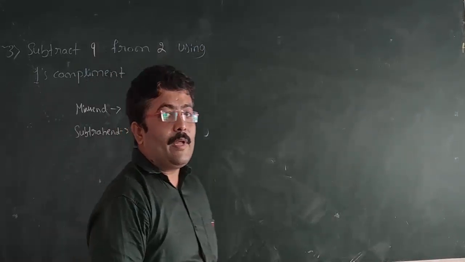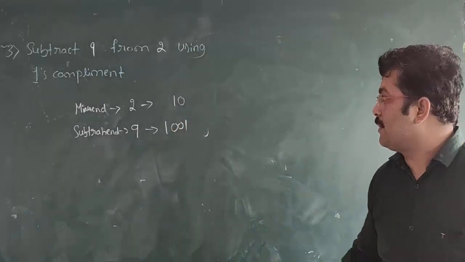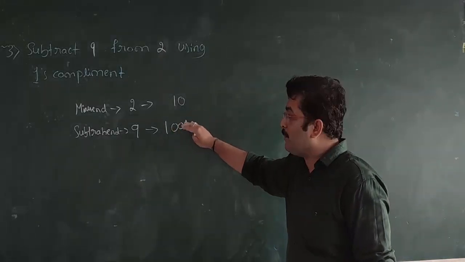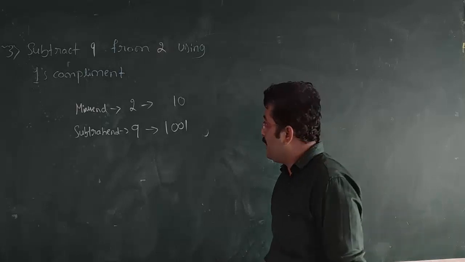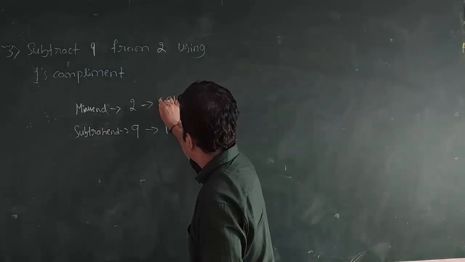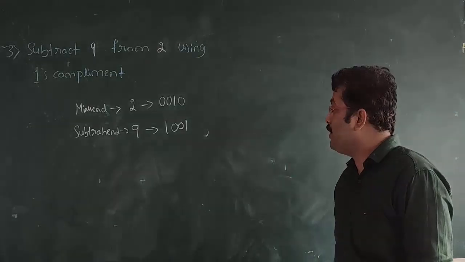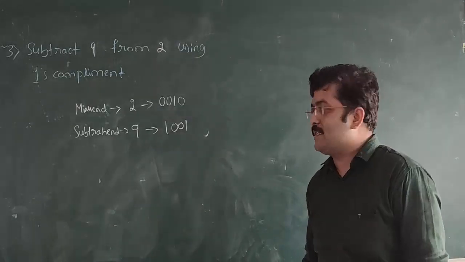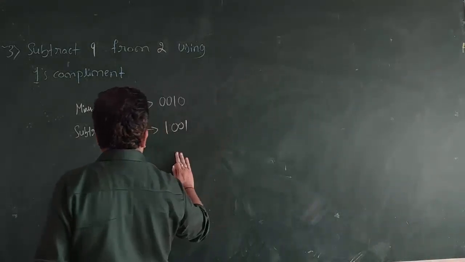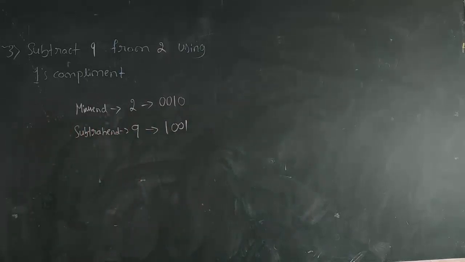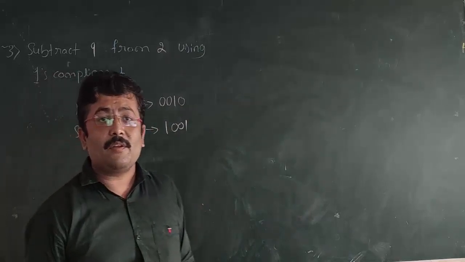I already told you that the number of digits in the minuend should be equal to the number of digits in the subtrahend. So I will add 2 zeros to the minuend. So the minuend value is 0010.